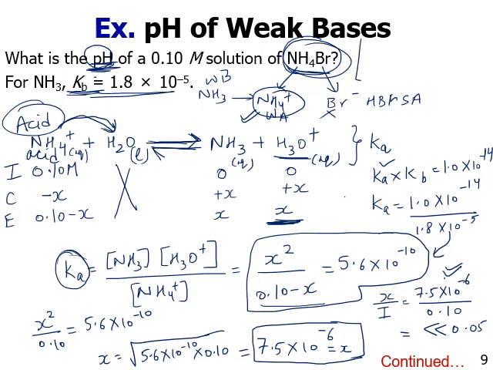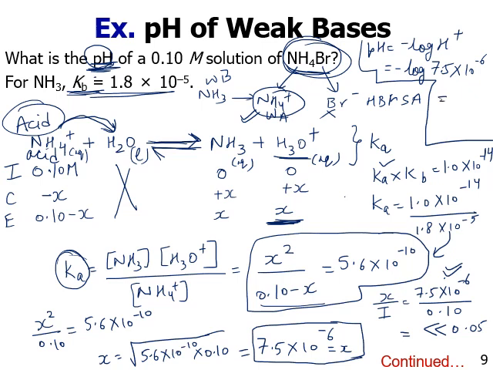I'll solve it right here. pH is going to be negative log of H ion, which would be negative log of 7.5 times 10 raised to the power minus 6, which gives you a pH of 5.13. So that is my final answer. Now I know what is the pH of my solution.